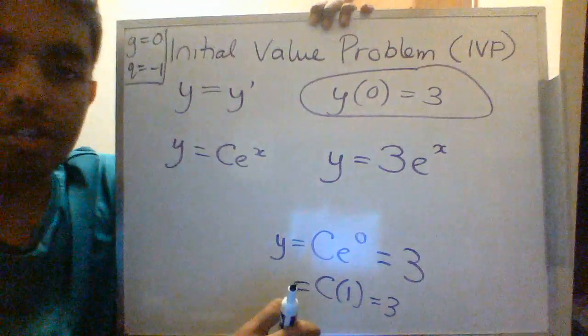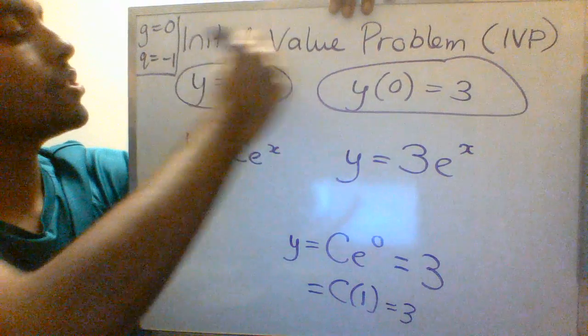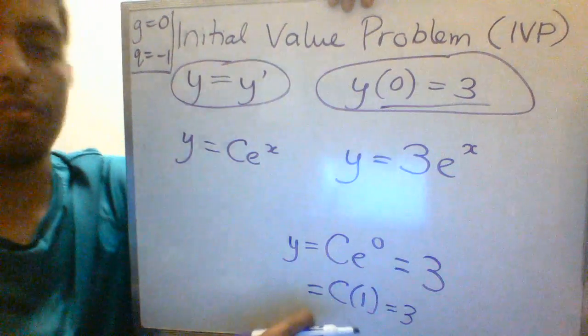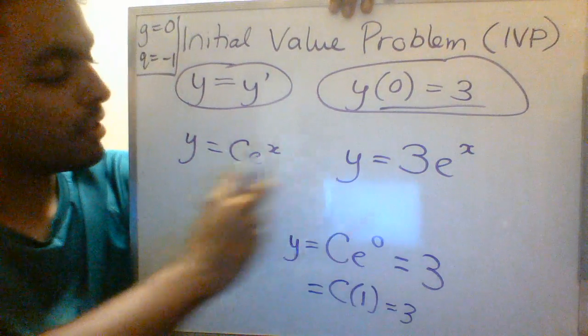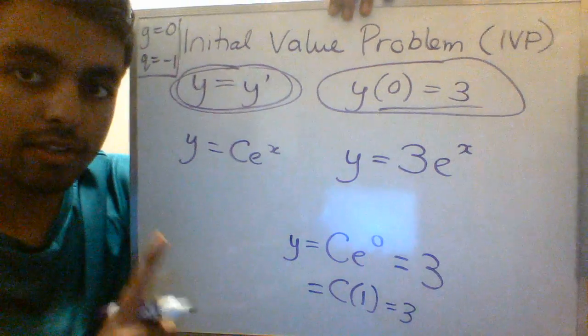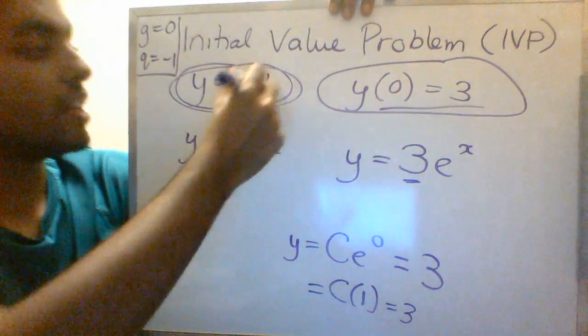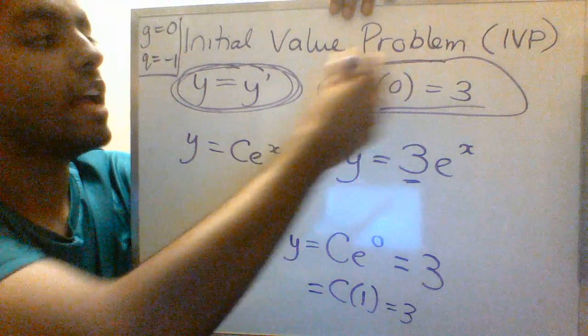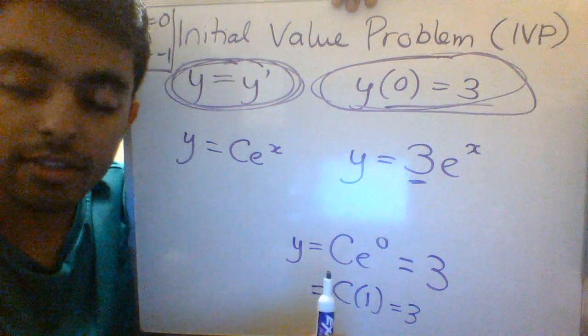And that is the function of x that satisfies not only this condition, but also this condition over here. So it has to satisfy both. If this was just a c, like right here, that satisfies this condition, but only this condition. This one, with the 3 here, satisfies this condition and this condition. That's the difference. I hope that makes sense.